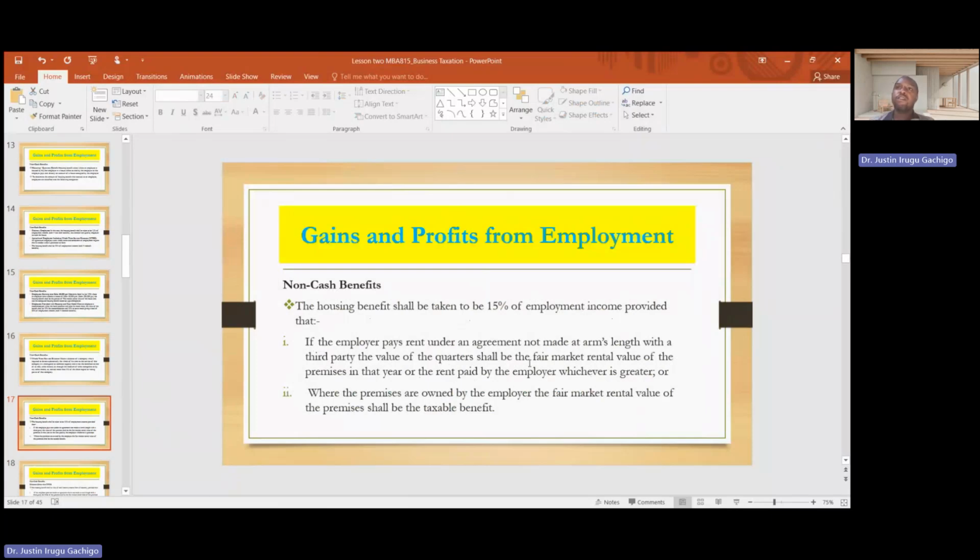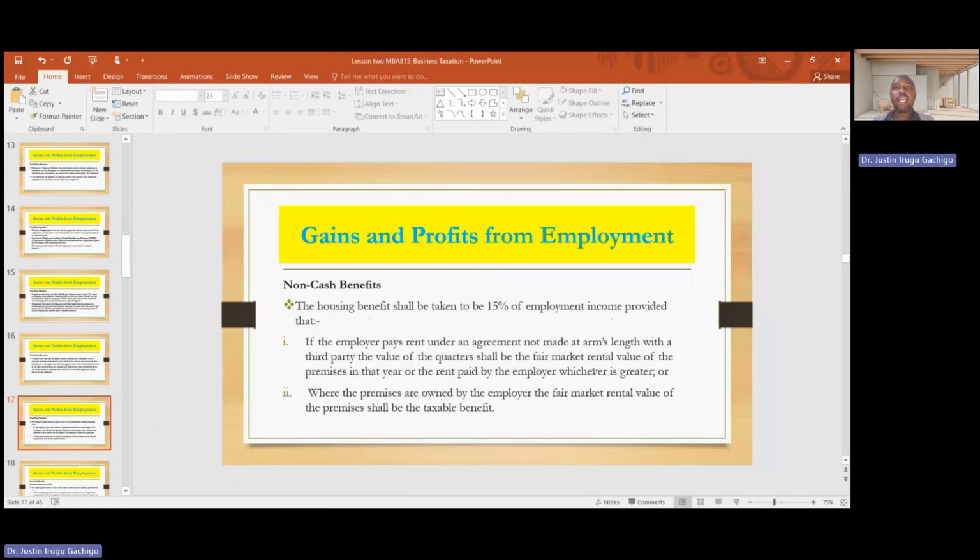But now the house, maybe for example, is worth 70,000. That is the arm's length. The arm's length means the price that anyone who is not known by the third party will pay. If you go to ask for a house in a specific area, you are told by the landlord that here we charge 70,000. But for this case, maybe they are given a rate of 50,000 or even higher. So if the employer pays rent at an agreement not made at arm's length with that party, the value of the quarter shall be the rent value.